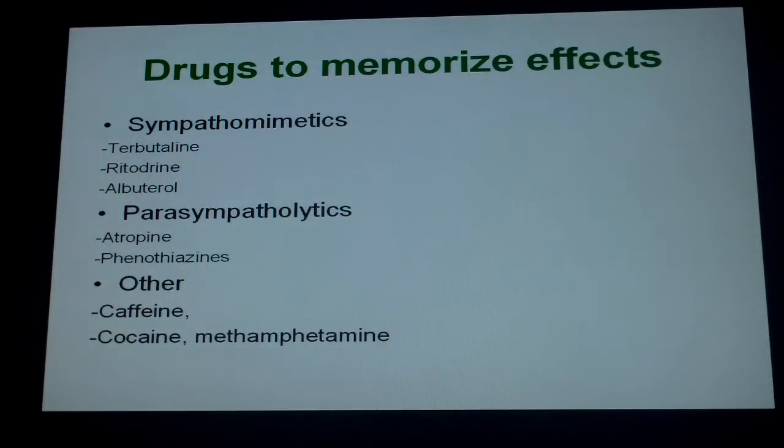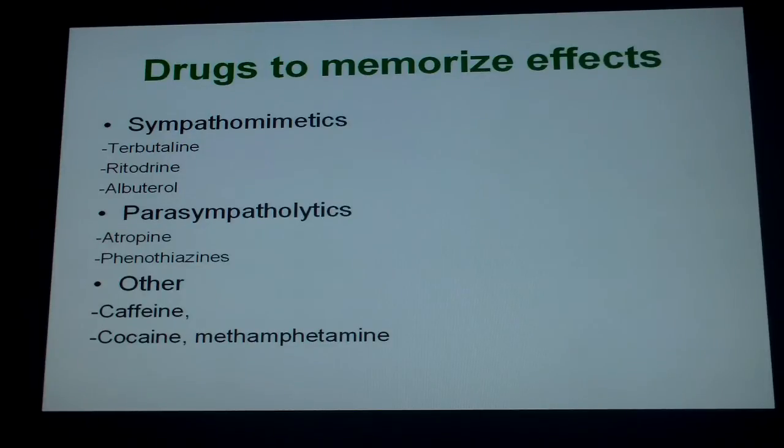Okay. Little table of drugs you just need to memorize because there are questions on the test about that. Sympathomimetics, things that we use to treat preterm labor, like terbutaline. Ritodrine is an old-timey drug that isn't in use much anymore, but that's a tocolytic. And albuterol, if you have a mom that's asthmatic and she gets a breathing treatment, she gets some albuterol.